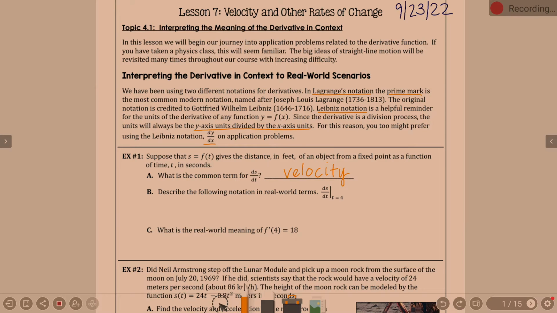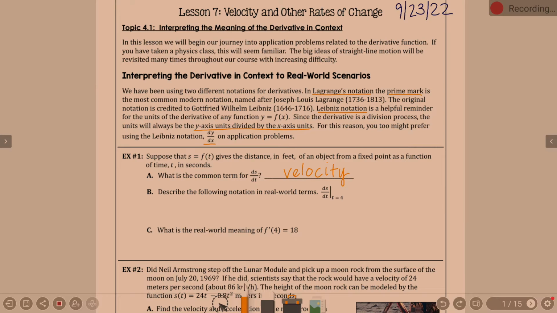We talked in a way about it being velocity, right? But remember, when it is the derivative evaluated at a point, it's the instantaneous rate of change. We talked about that back in Unit 1, or maybe at the beginning of Unit 2, I feel like maybe in 2.1. It's that IROC, instantaneous rate of change.